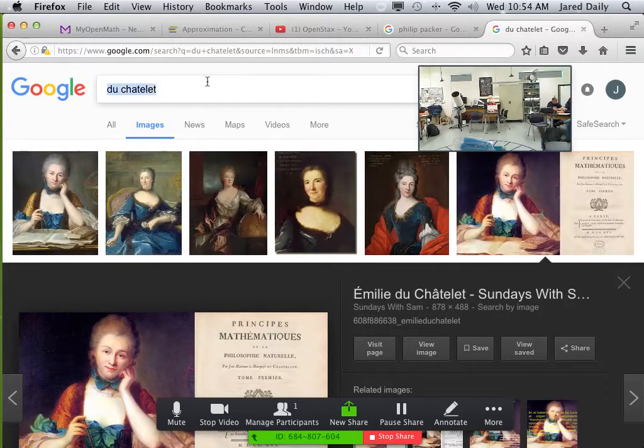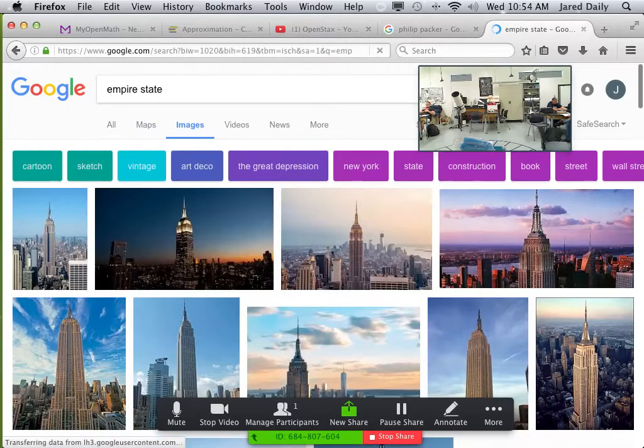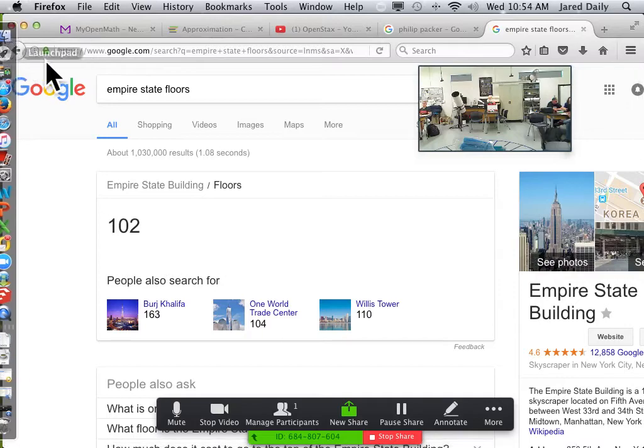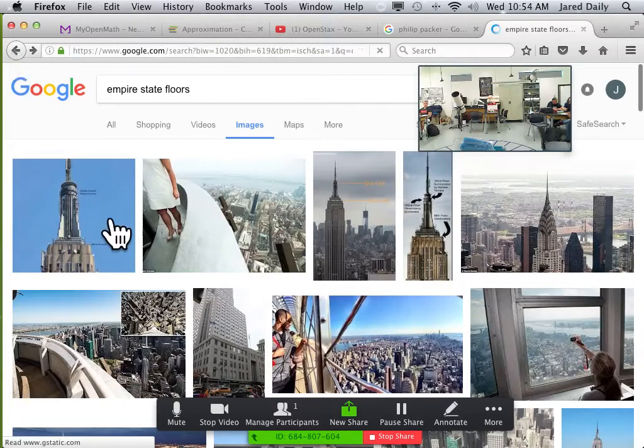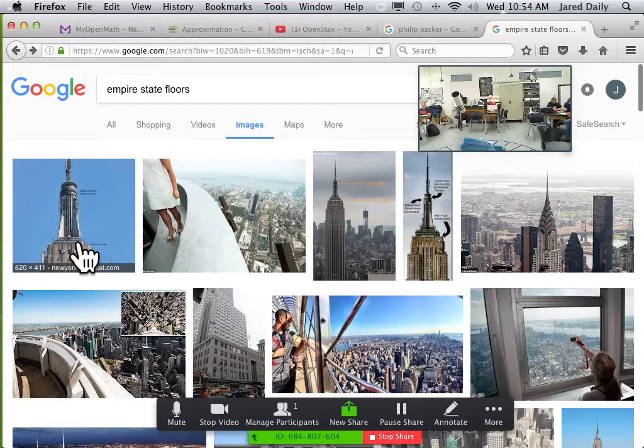Empire State. Floors. Let's look how many floors it has. 102. See right here, the 102nd floor is actually right up here. Nobody is allowed above the observation deck. The observation deck is as high as you can go as a normal person.